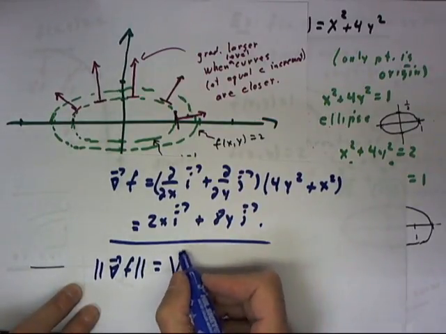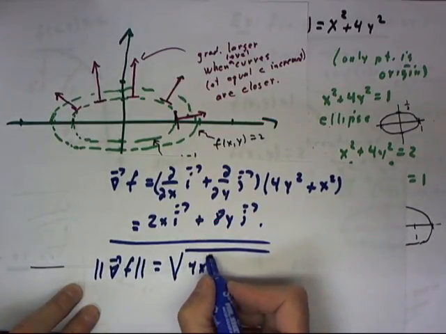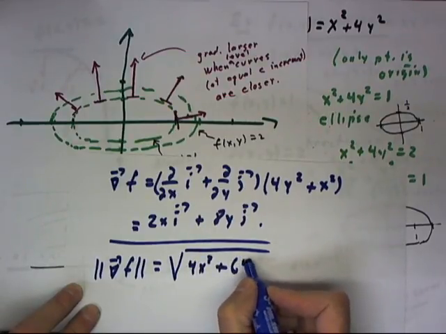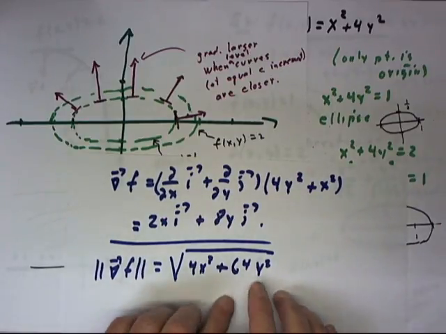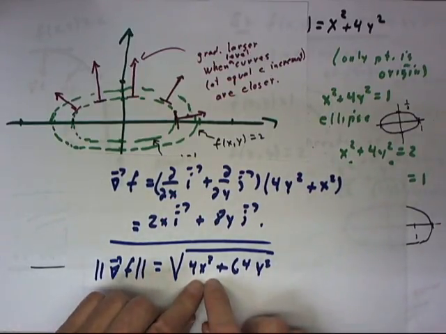we find that that's the square root of 4x squared plus 64y squared. The coefficient of y squared is a lot bigger than the coefficient of x squared.